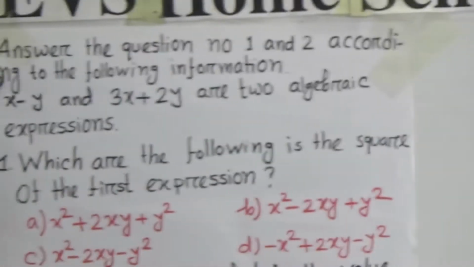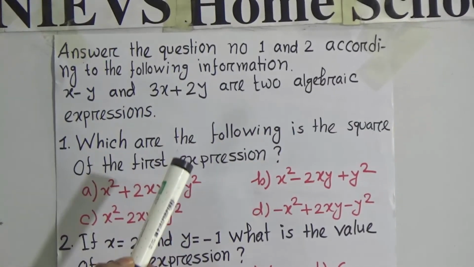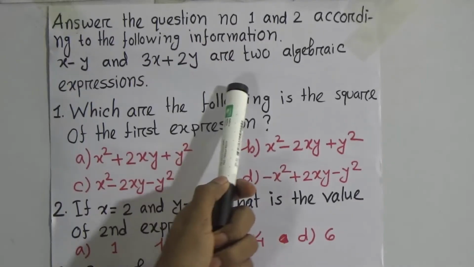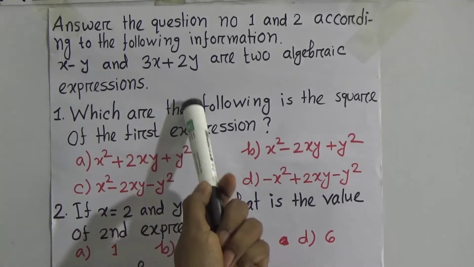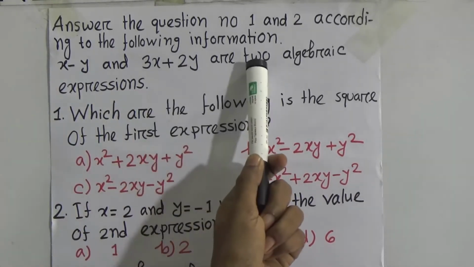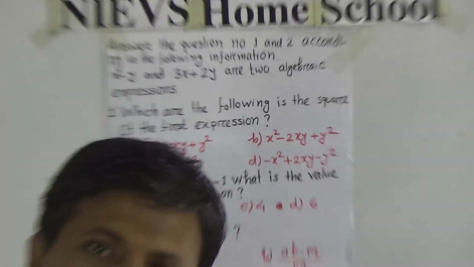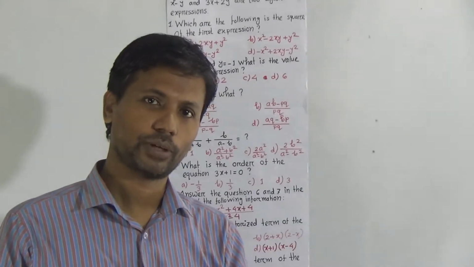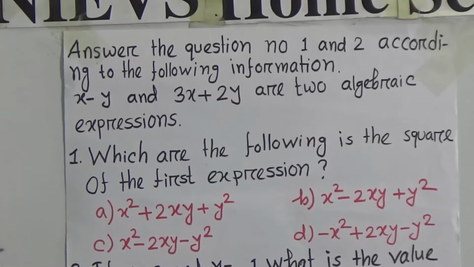Answer questions number 1 and 2 according to the following information. x minus y and 3x plus 2y are the two algebraic expressions. This is the stem, and this type of question is called situation based MCQ, that means using this stem we have to solve questions number 1 and 2.